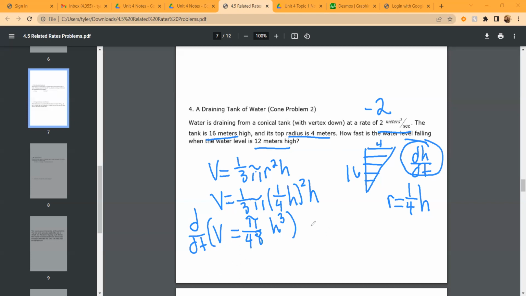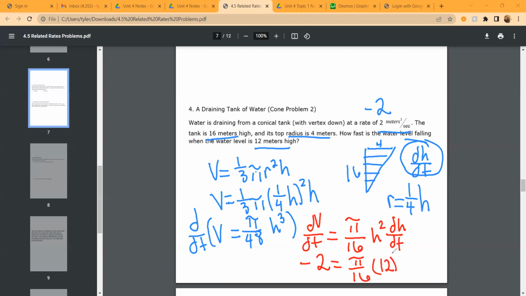So this gives me dV/dt equals, and again we're going to just use the power rule here. This is pi over 16 h cubed, or sorry, h squared dH/dt. We're already told dV/dt, we were given that right at the beginning of the problem. That's -2. Pi over 16 is still pi over 16. Way to go, us. The height's 12, so that'll deal with that 16 piece.